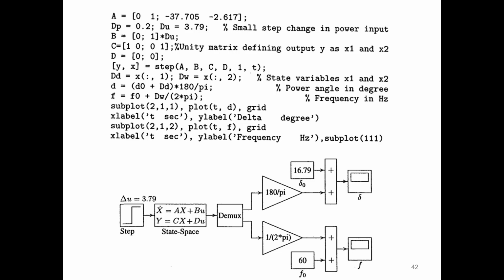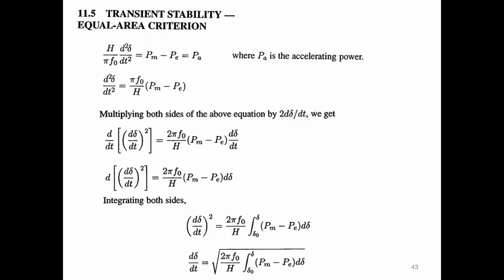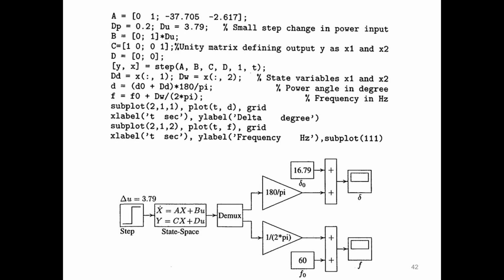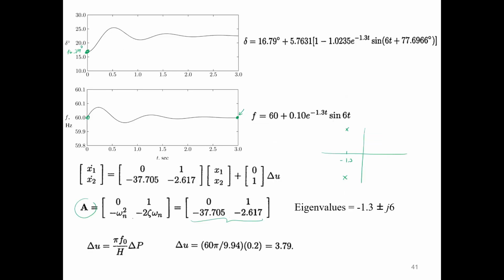And you put this into the state space model. And you can get the same kind of response as well. I would encourage you to check the result by using this state space equation.